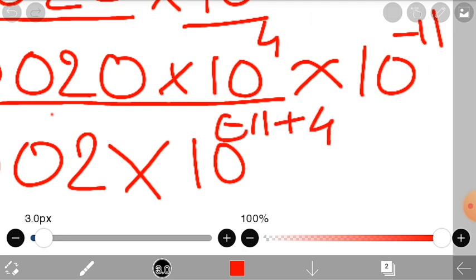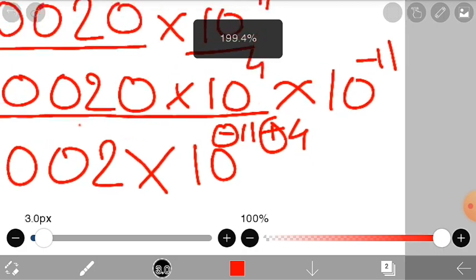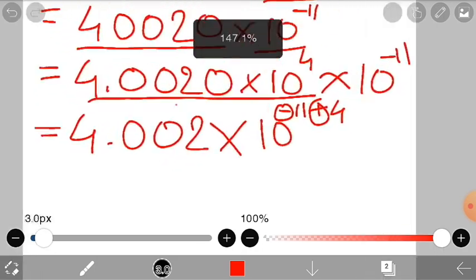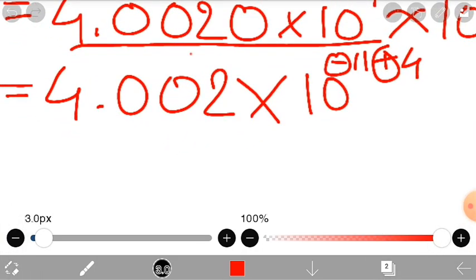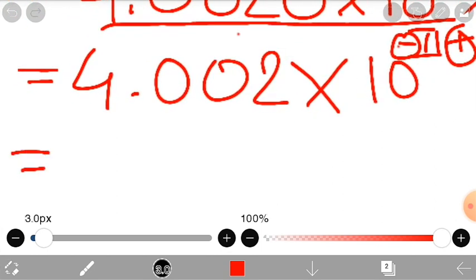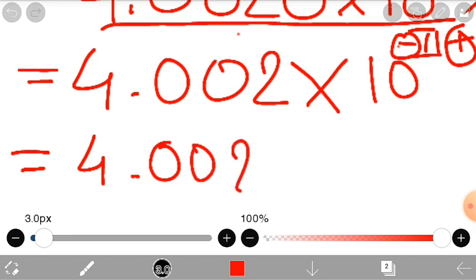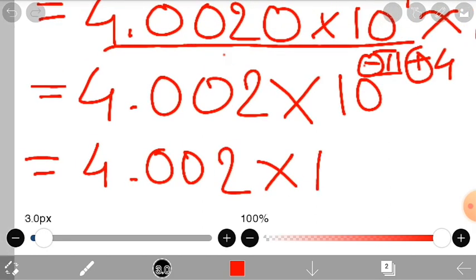Therefore 11 minus 4 is 7, and as 11 is the greater number, the sign will be minus. Therefore the final answer is 4.002 into 10 raised to minus 7.